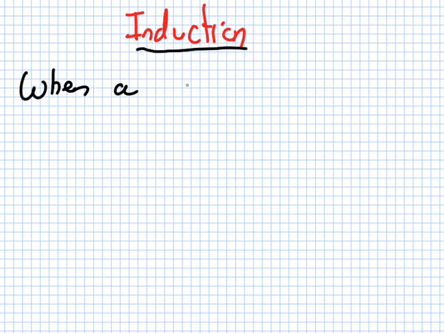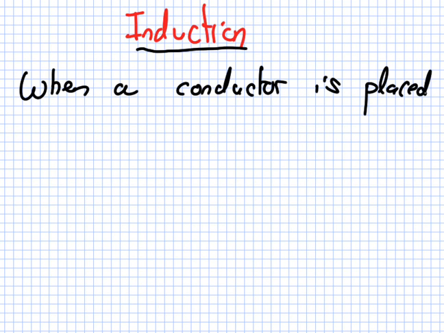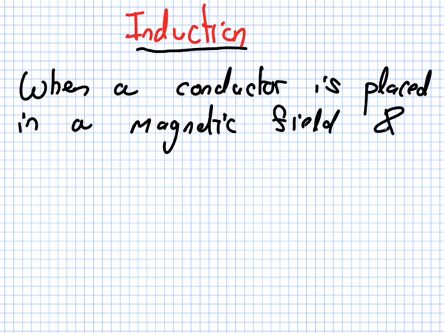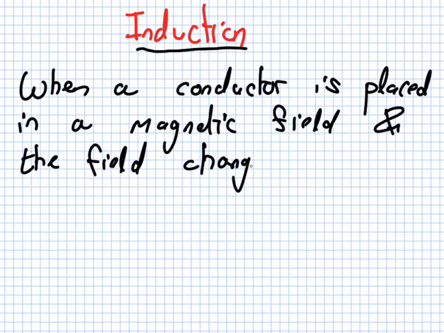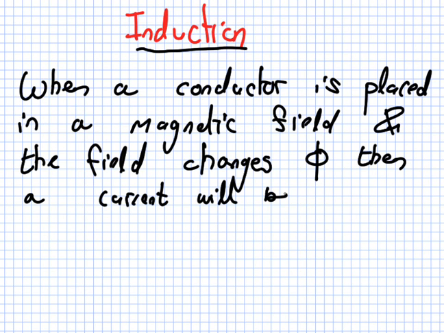When a conductor is placed in a magnetic field and the field changes, its magnetic flux, which is magnetic flux density or magnetic flux, when it changes, then a current will be produced in the conductor.